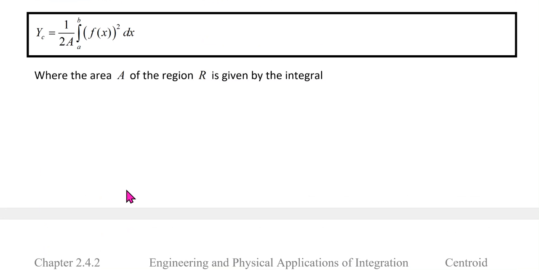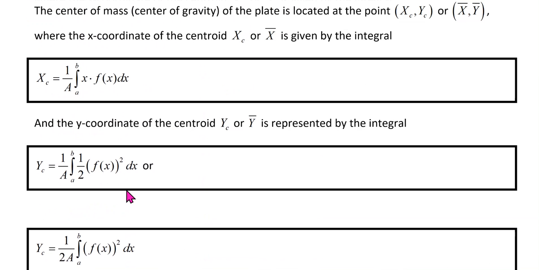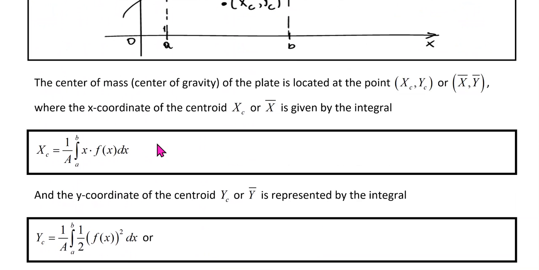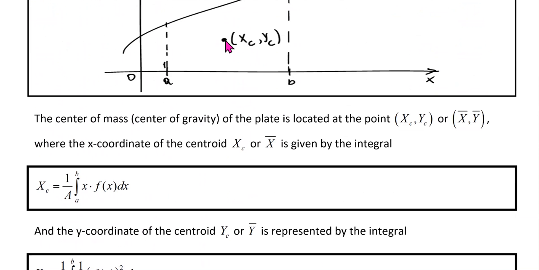So let's go back up here. To find the x coordinate of the centroid, you take 1 over A, where A is the area of this region, times the integral from a to b of x times f of x dx.